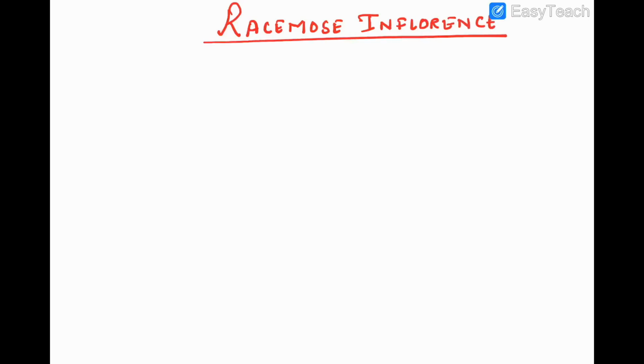In racemose inflorescence, the main axis continues to grow. If this is the main axis of a flower of a plant, then it will continue to grow, and flowers will be born laterally over this main axis in an acropetal manner.